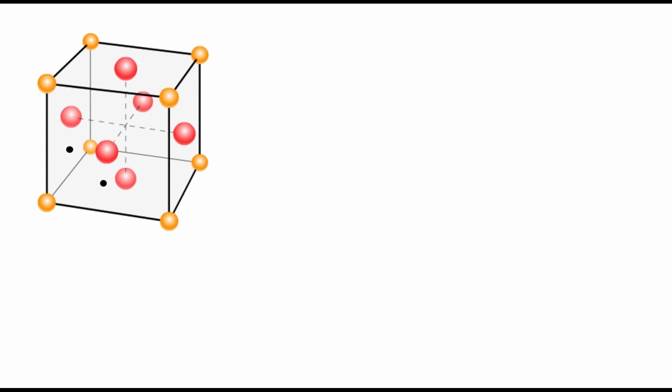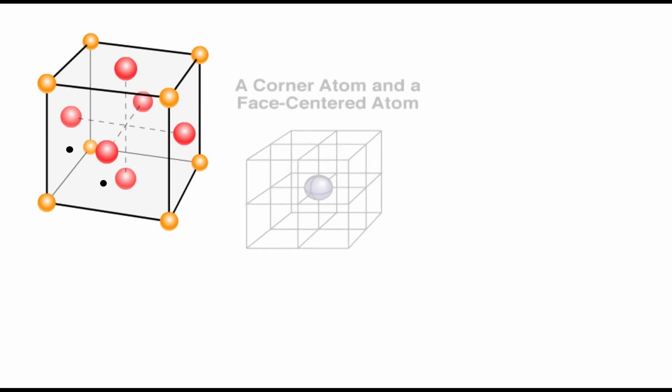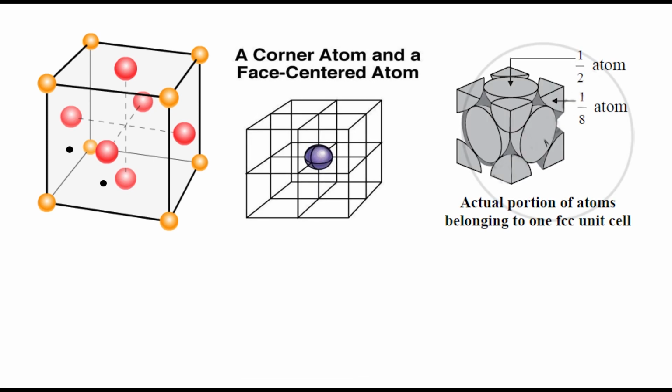Similarly, for a face-centered unit cell, there are atoms at the 8 corners which contribute a total of 1 atom to the unit cell. There are atoms at the face centers, and each of these is shared by 2 unit cells. Hence, the contribution of the atom at the face center is only 1/2.